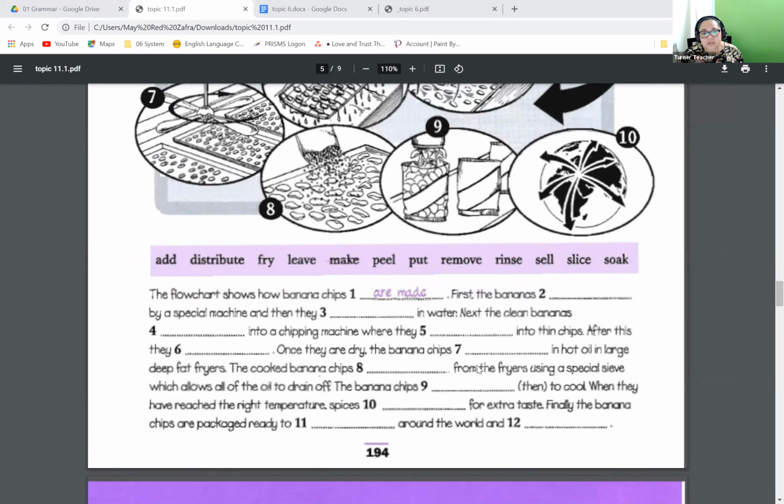Some of you will be 2 people, some of you will be 3 people. All right, let's go, everyone. You have 5 minutes to do this task.